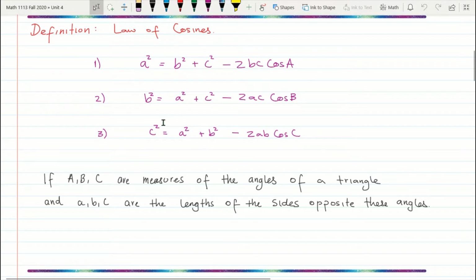So b squared, and at the very end you have cosine of B, right?